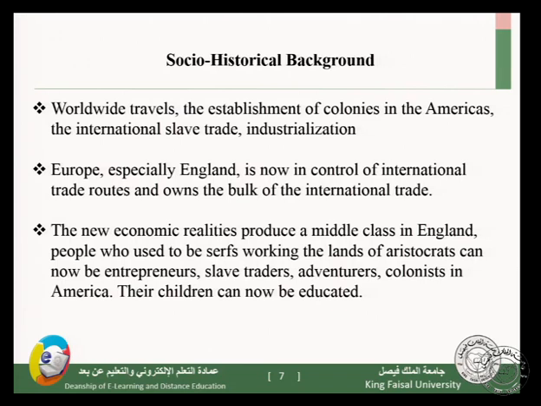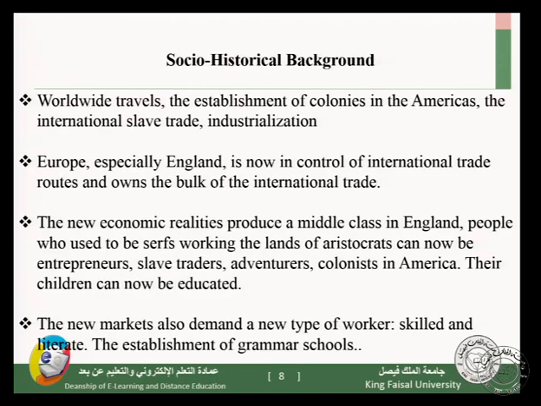Now, their children can be educated, can be sent to schools and at least become literate. Perhaps they can't send them to very expensive schools like Oxford and Cambridge, but they can educate them at least to be literate, at least in the first centuries.